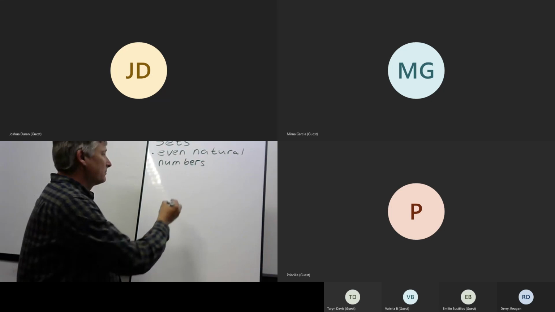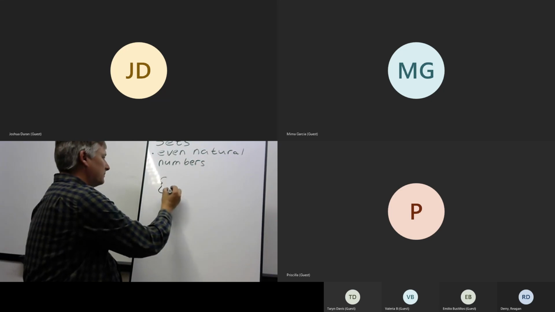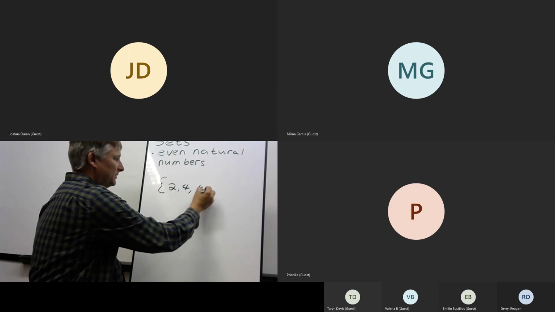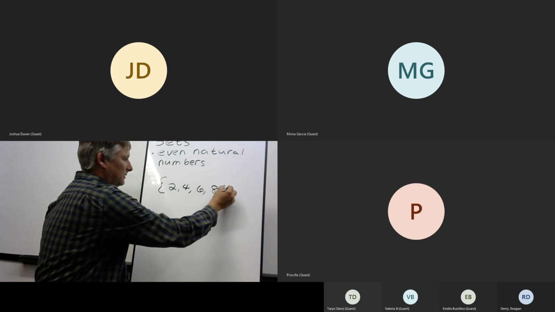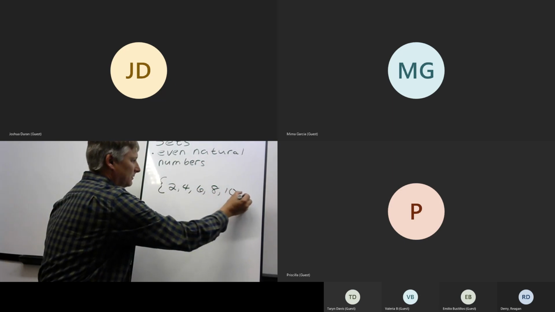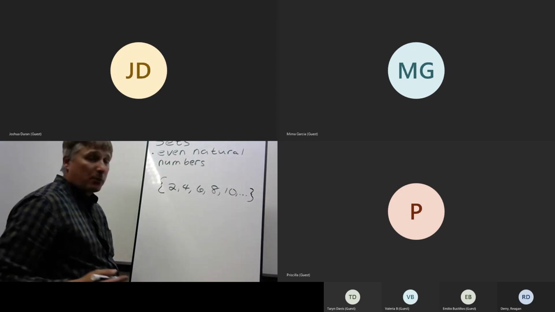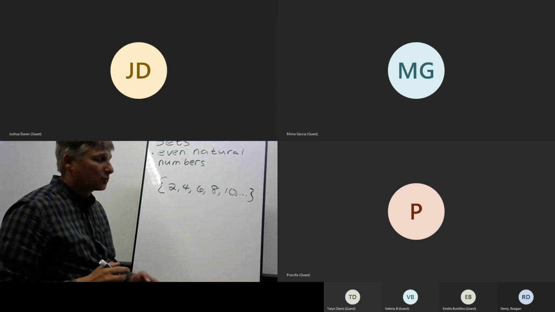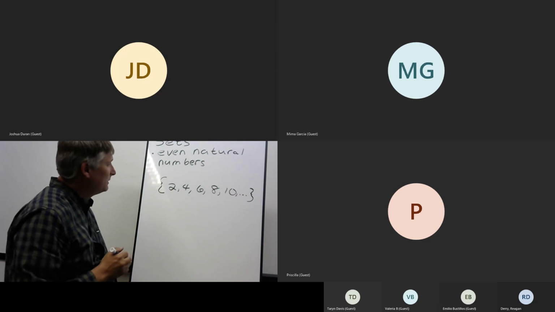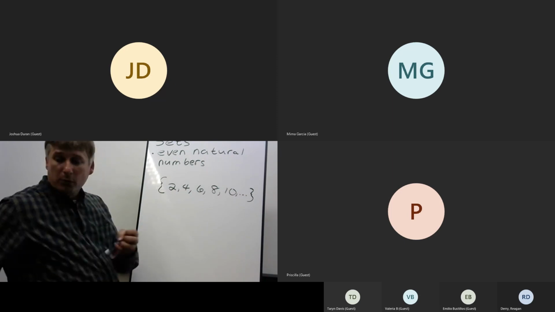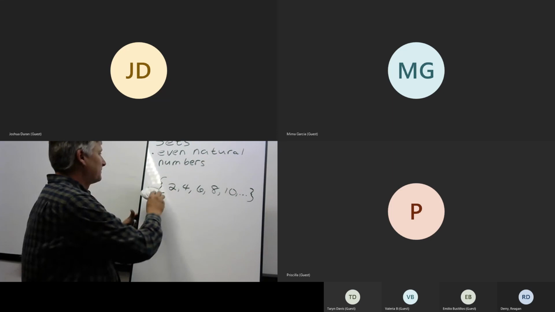Now we can list them out roster-wise. 2, 4, 6, 8, 10, and so on. Now remember, the natural numbers start at the number 1. So we can write it in roster format, or we can do it as set builder.